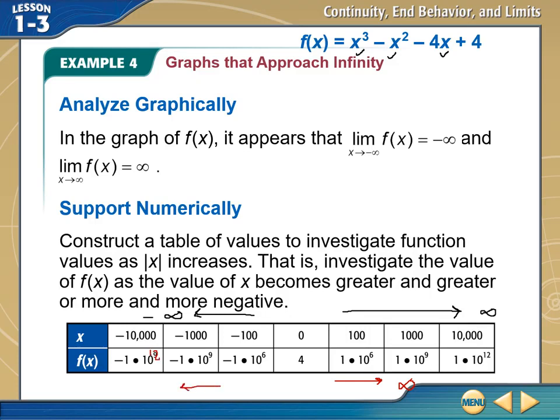Can I catch a specific number that they will stop at? No. So I think what our analyzing from the graph was right. As x approaches infinity, f of x approaches infinity. And as x approaches negative infinity, f of x was also approaching negative infinity. So yeah, probably we are right.